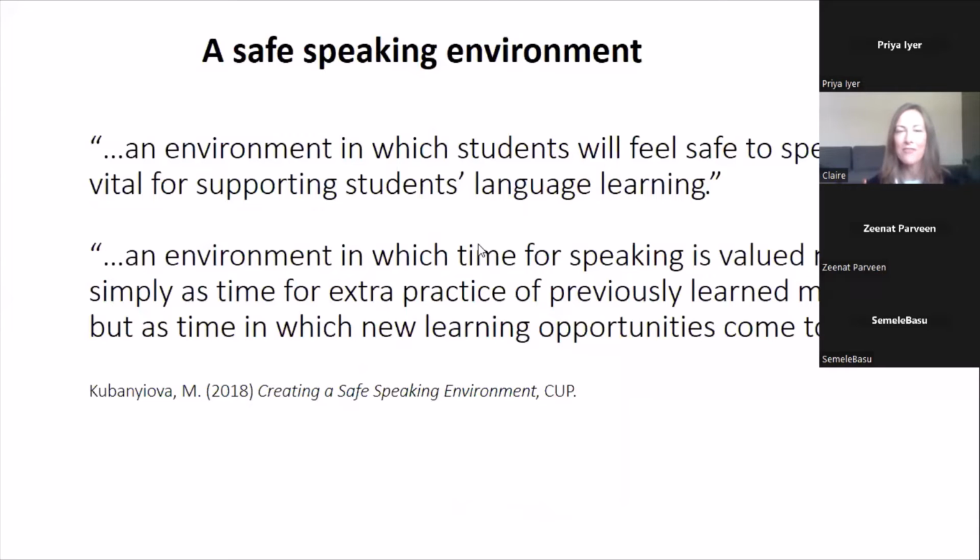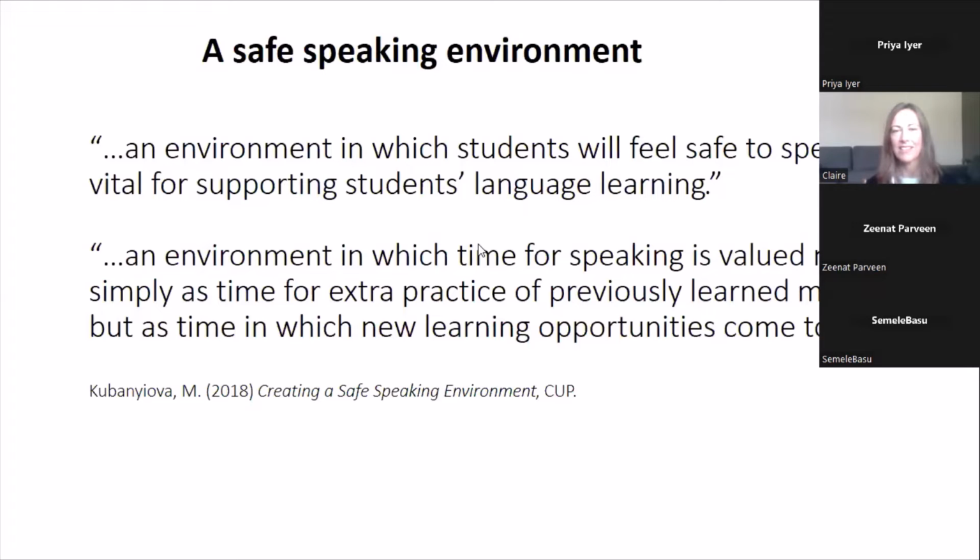A safe speaking environment is an environment where students feel safe to speak, and this is vital for supporting students' language learning. If they don't feel safe, they won't speak, or they won't take risks in their speaking, which means that they won't develop in their speaking confidence or fluency. And the second one, really important, an environment for speaking is valued not simply as time for extra practice.